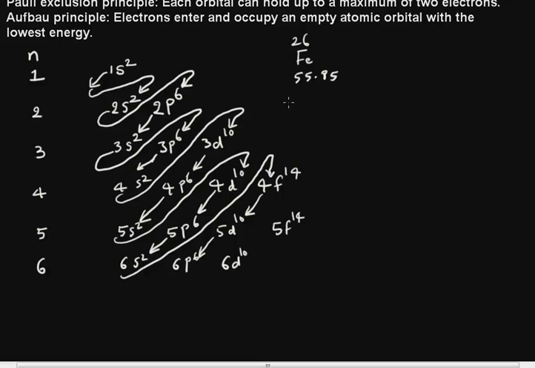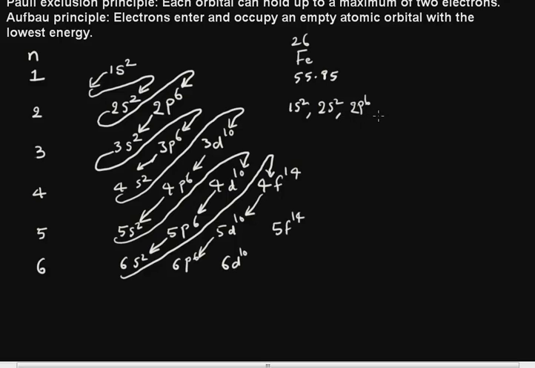Following this rule, the first electrons will occupy the 1s subshell, so 1s2. Once that is completely filled, the next electrons go to 2s2. We simply follow these arrows, starting from the blunt end of an arrow and going all the way to the pointed end. So after 1s you have 2s, followed by 2p.